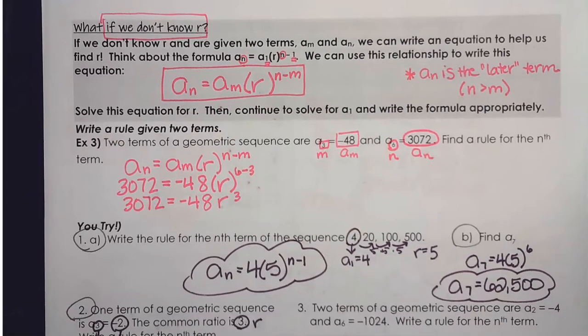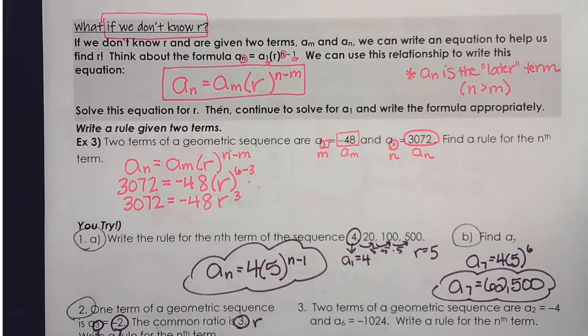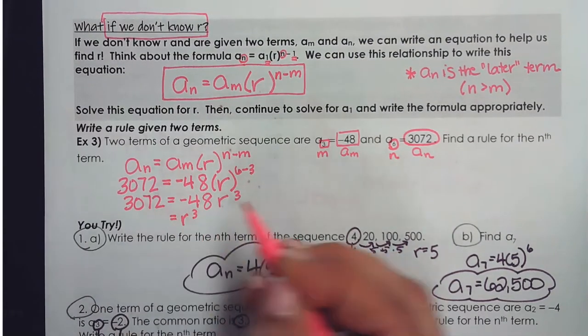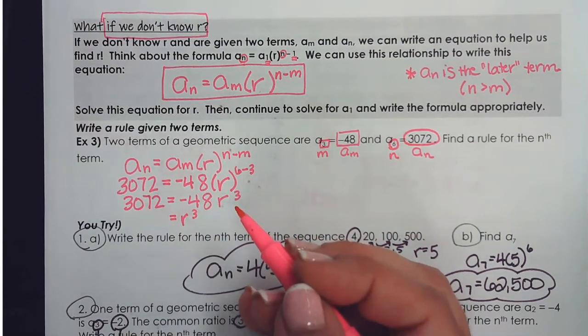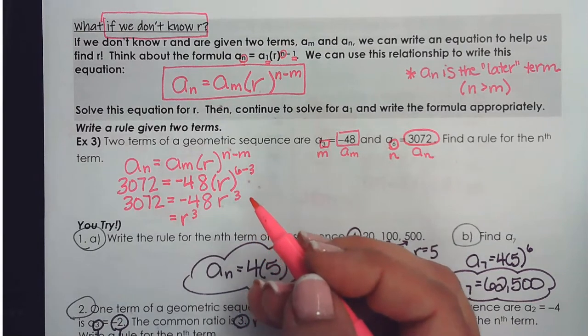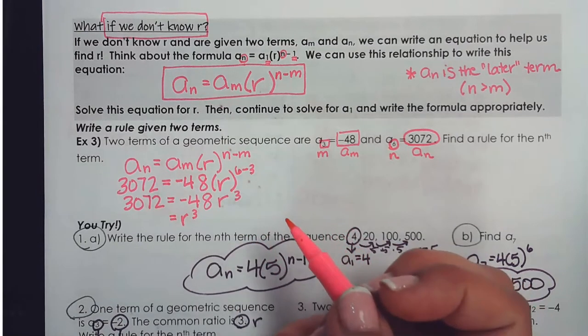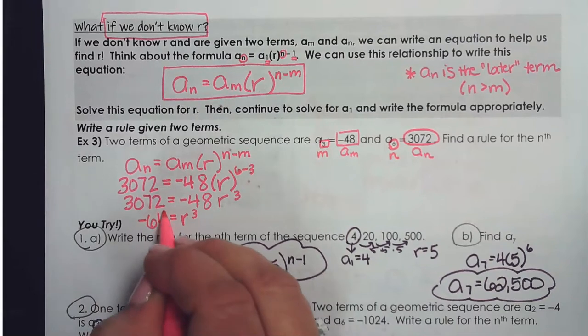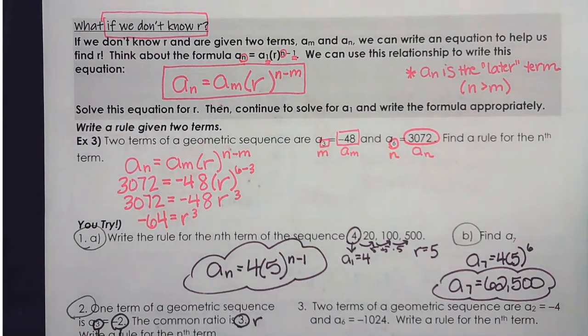Okay. Now, the goal is going to be to find r. What should I do next? Divide by the negative 48. So we're going to divide by negative 48 to isolate the r cubed. And what happens when we divide 3072 by negative 48? Negative 64, okay? Now, how in the heck am I supposed to find r?